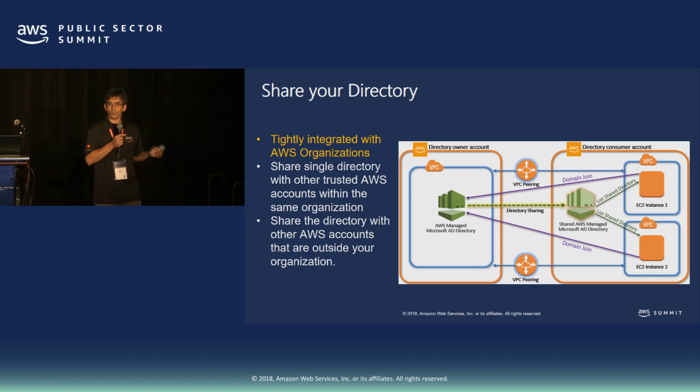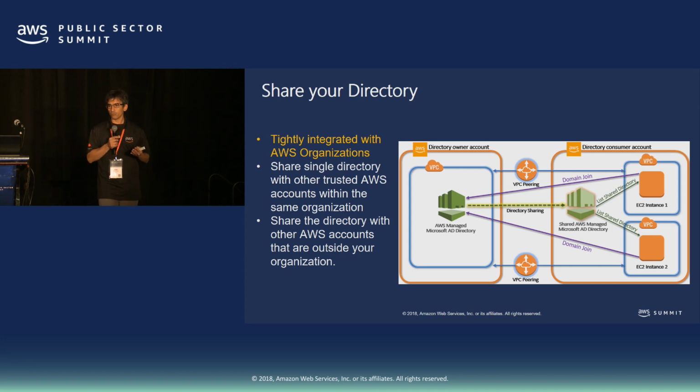And now we can also have different benefits, which is share your directory. So with AWS Organizations and share your directory, I can have AWS Managed AD. And then instead of having the Active Directory domain controllers sitting in all my accounts, I can share the metadata from my Active Directory into all the other accounts that are linked into my organization.